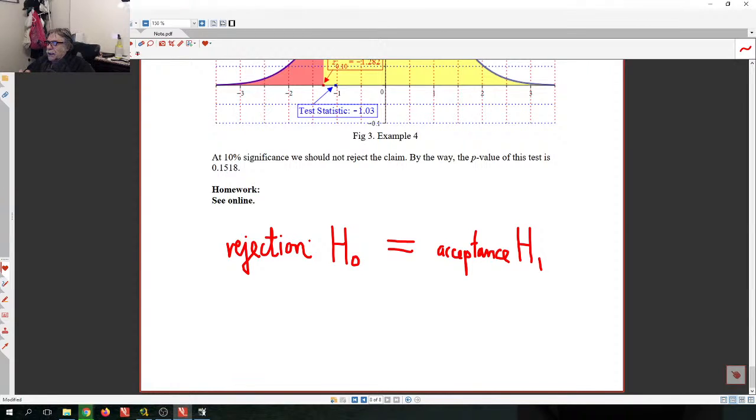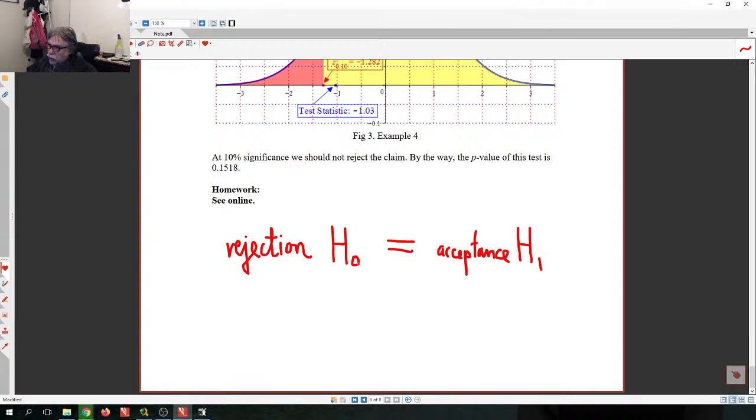The test, let me repeat this one more time. The test is always about rejection of a null hypothesis or not rejecting it. But it's never about accepting it. Okay? If you need to accept, that's going to be about an alternative hypothesis. Alternative hypothesis can be accepted. At the same time, you're rejecting null hypothesis.